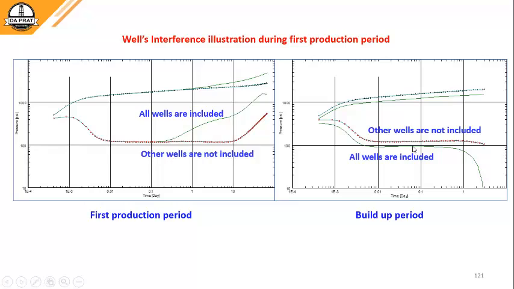Same thing happened to the build-up period, where you get this one here if you don't include the other wells. But if the other wells are included, you can see here the pressure soon starts becoming constant because of interference, and then you have this behavior here.